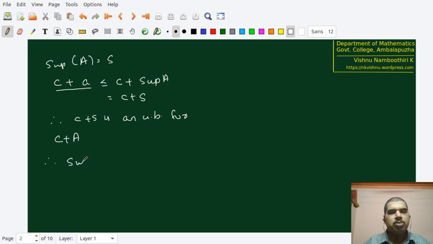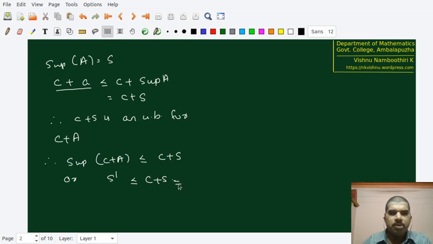Therefore, supremum of C plus A is going to be less than or equal to C plus S, or S prime is less than or equal to C plus S. That's enough for us.